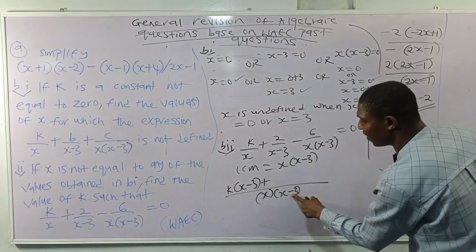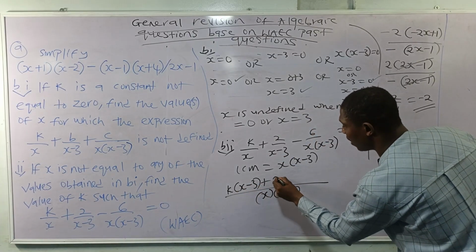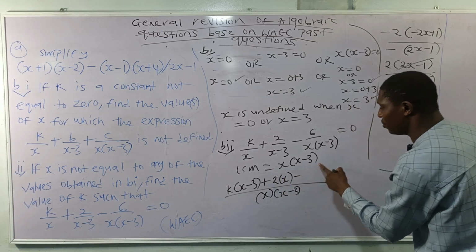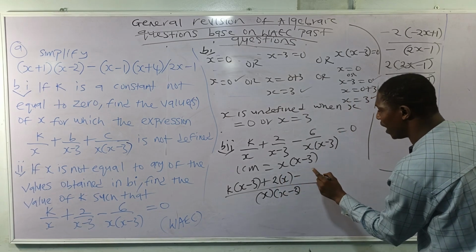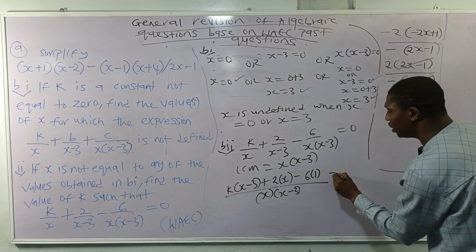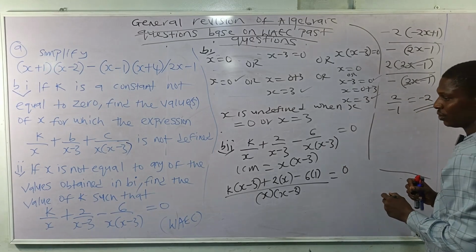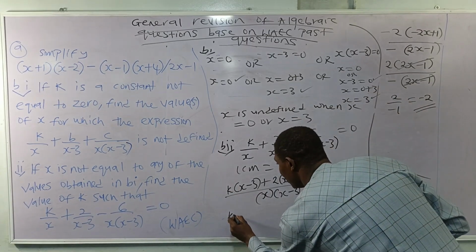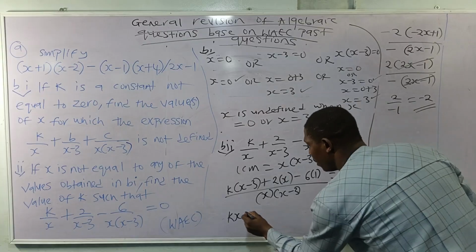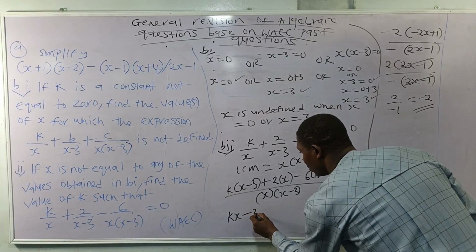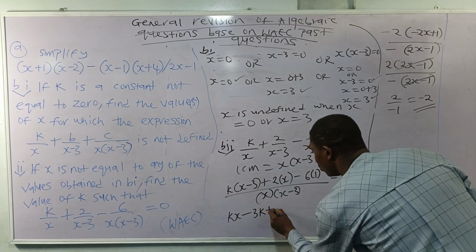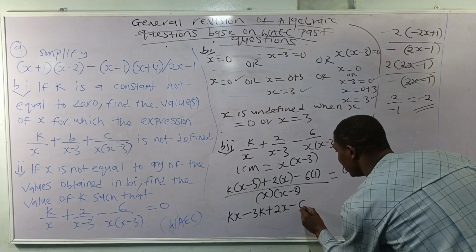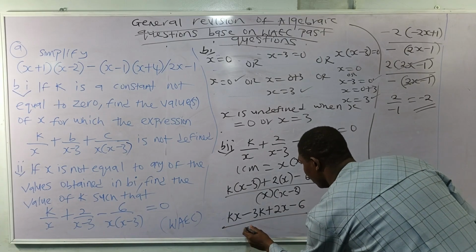Plus, if this divides this, I'll have 2 bracket x. This will divide this, I'll have 1, so 1 times 6, equal to, I'll have my 0 first. k times x will give me kx. Minus k times 3 will give me 3k. Plus 2x minus 6 all over what?